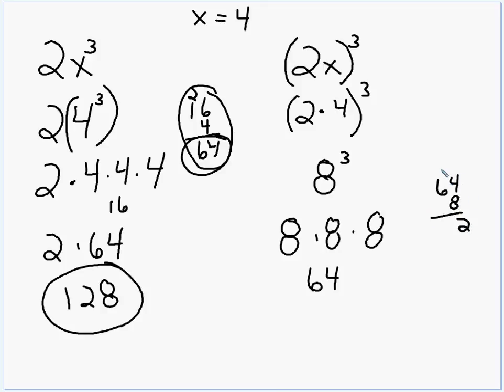That's a 2, carry my 3. 6 times 8 plus 3. There you go, 512. Big difference that parentheses make. I want to make sure you guys are taking your time, and not ignoring those parentheses.